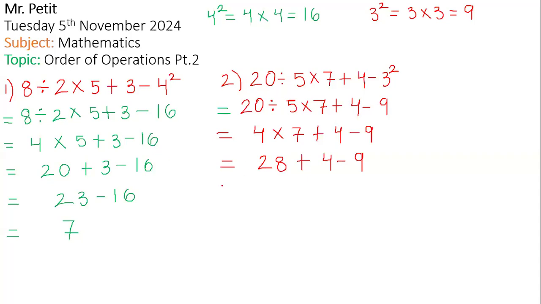Next, we're going to add or subtract first? Add. So we have 28 plus 4, which is 32.